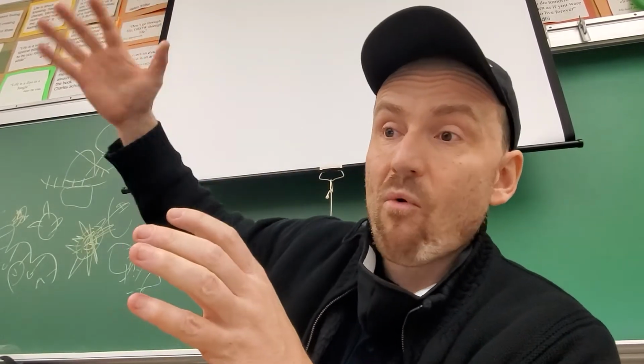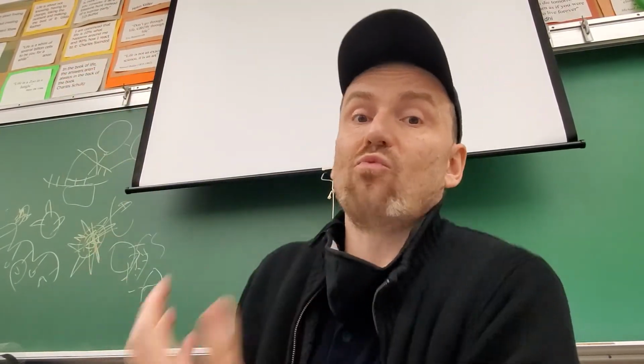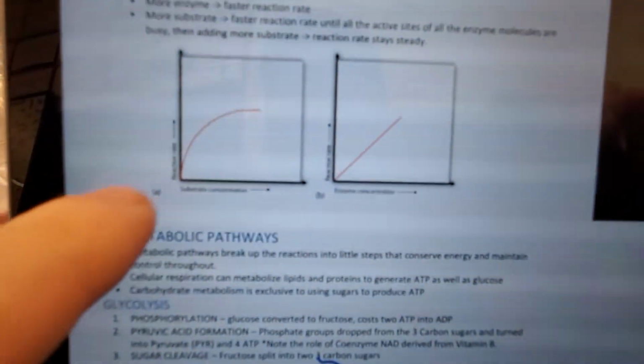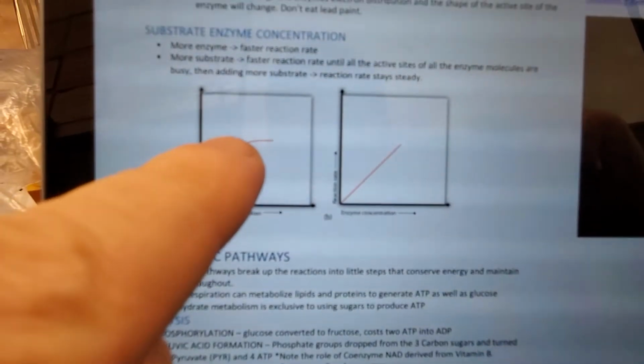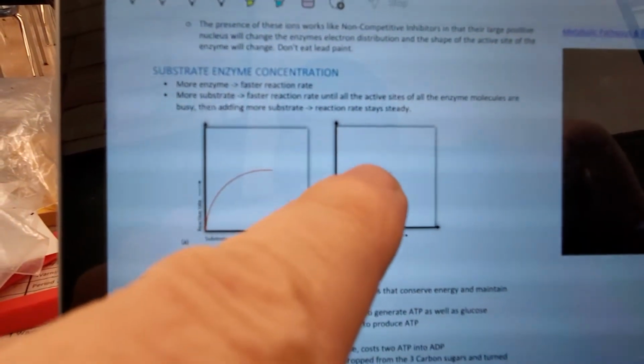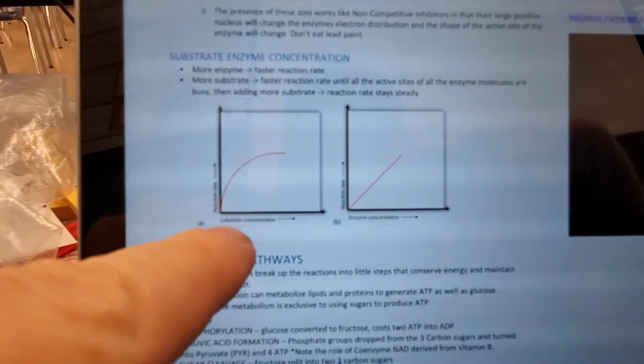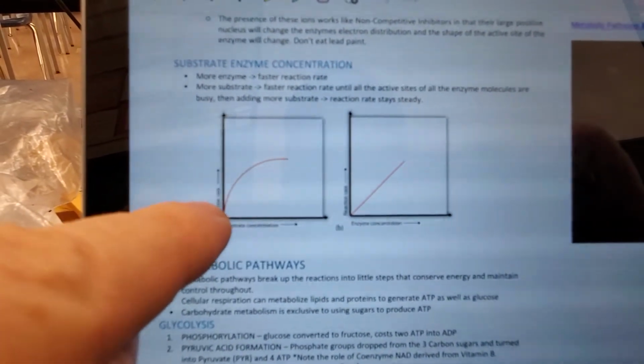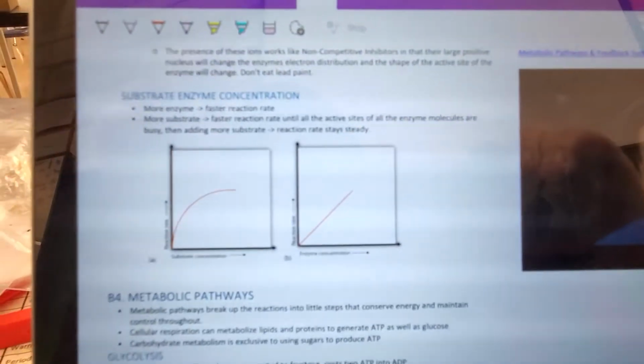And any more substrate that you add will have to wait in a queue until the enzyme has completed the reaction, and it can move on to the next substrate. So the reaction rate will be limited to a maximum. So you're adding substrate, but eventually all the enzyme substrate complexes are full, and so you will just get a flat line coming across. This is substrate concentration versus reaction rate.